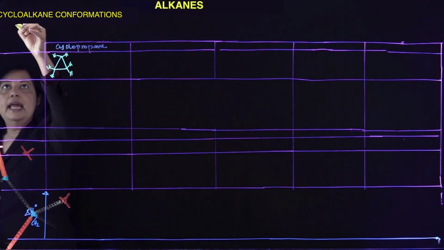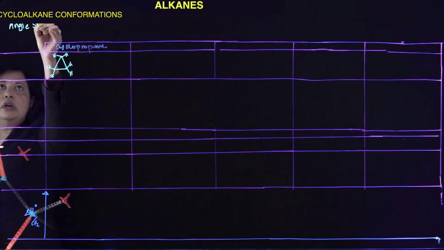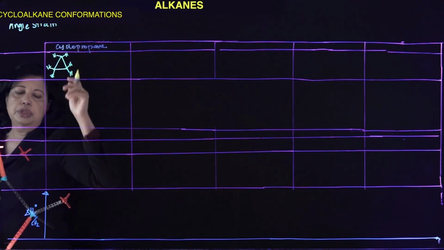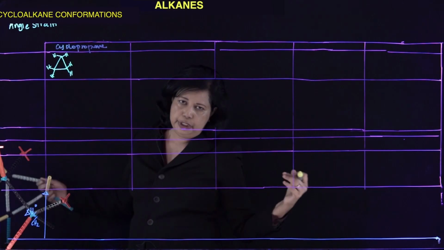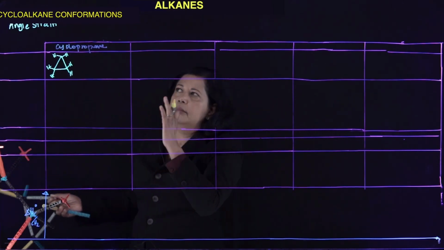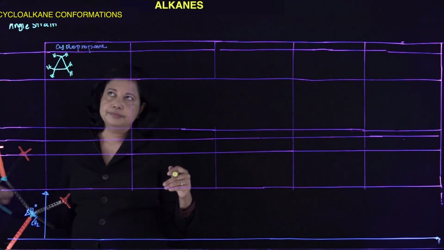So let's look at angle strain, which is a new thing. Angle strain. We talked about torsion and the other things when we talked about open chain, butanes, and so on. But angle strain is when you are confined to rings.